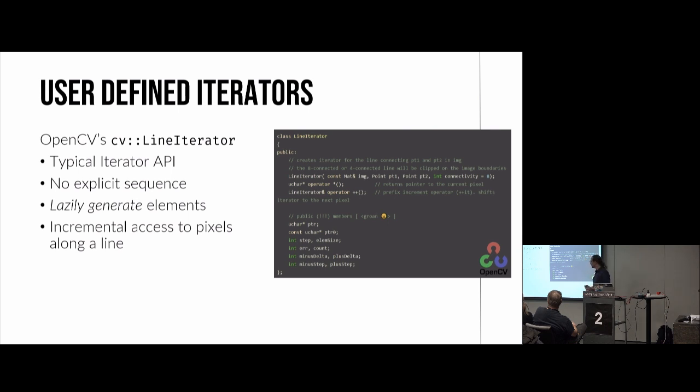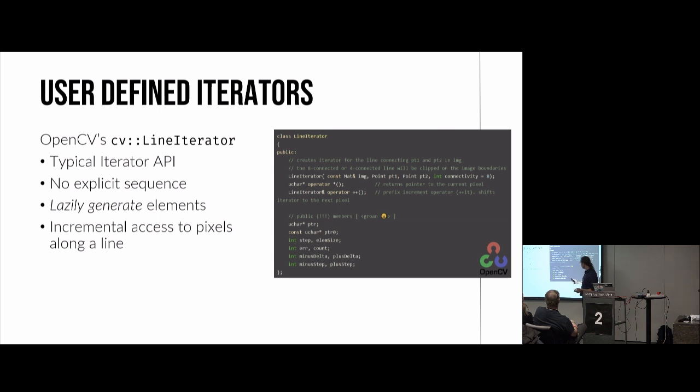It's on demand. And we can see that it has the dereference operator, which gives us a pointer to the current pixel in the image. The constructor takes the image, the 2 points, and some connectivity, which defines which of the line algorithms it's going to choose. The increment operator allows us to go up to the next pixel.